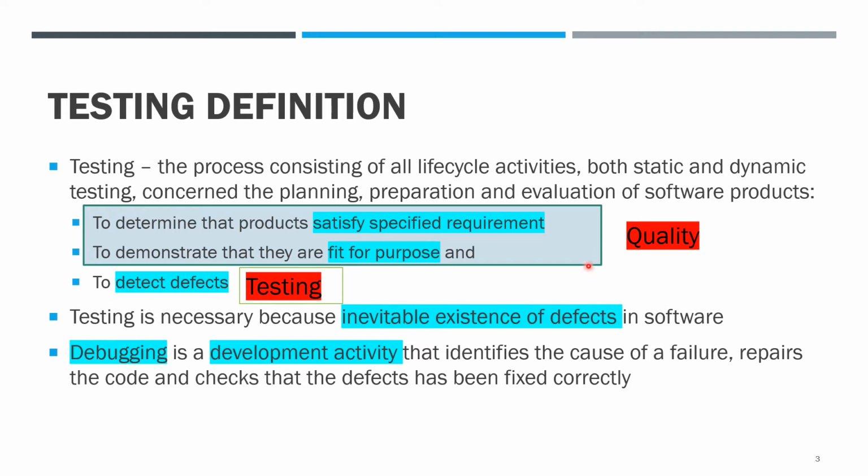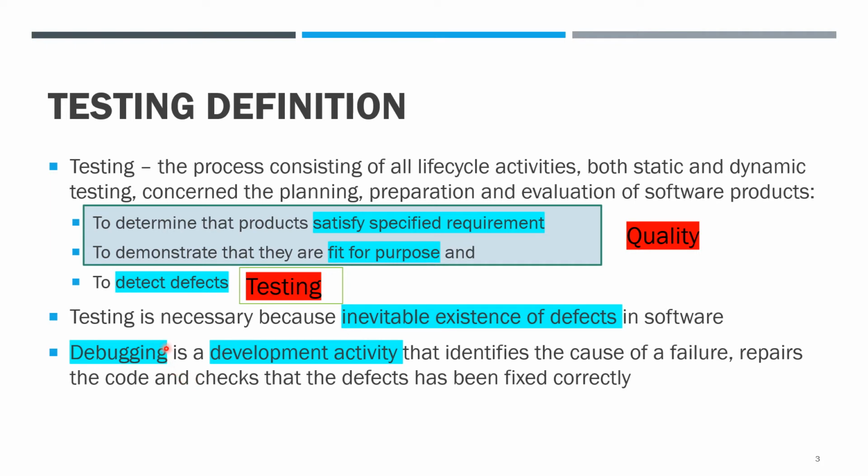Okay, when you do testing, it's actually related to two things: testing, and the second one is quality. Quality is to ensure whatever you test is actually meeting the specified requirement, and you are ensuring that even though there is no more defect, the system is actually fit for the purpose and fit to be released for actual use.